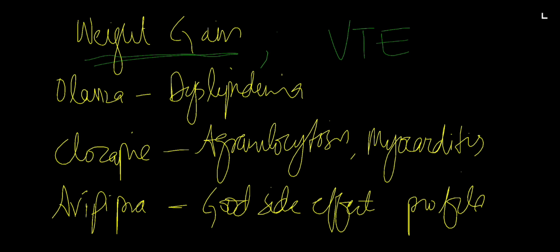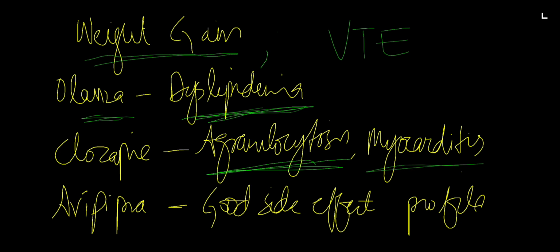If we talk individually about the side effects related to the atypical antipsychotics, olanzapine causes dyslipidemia. All of the atypical antipsychotics cause dyslipidemias, but which causes more? Olanzapine. Clozapine causes agranulocytosis and myocarditis, and that's why it should be used after the other atypical antipsychotics have been tried.